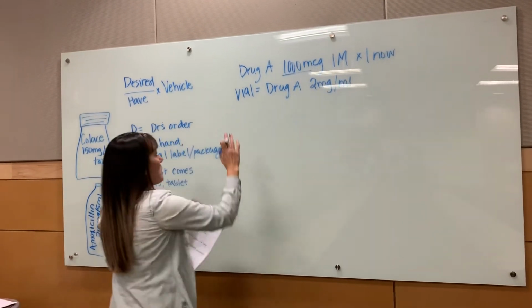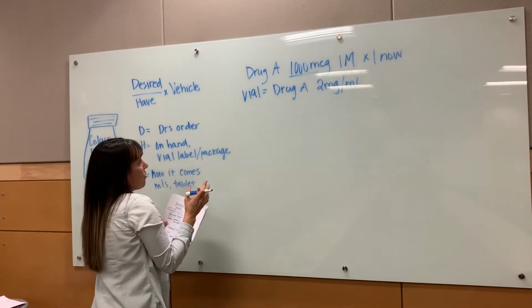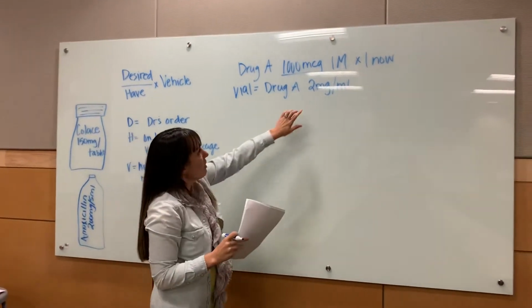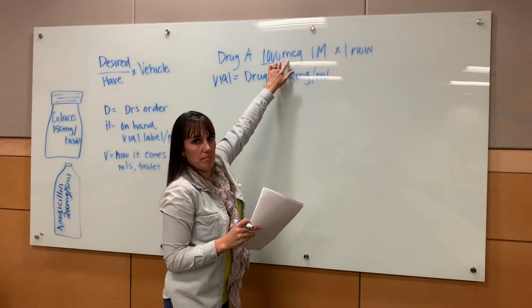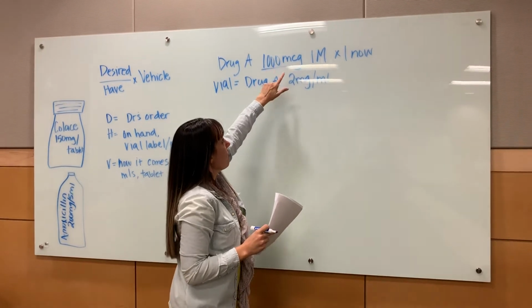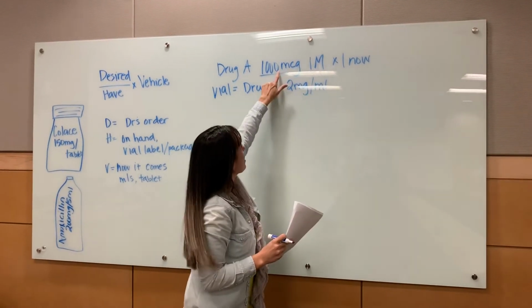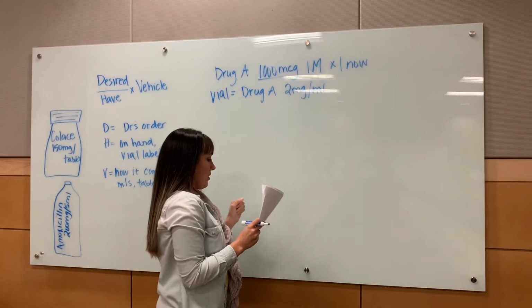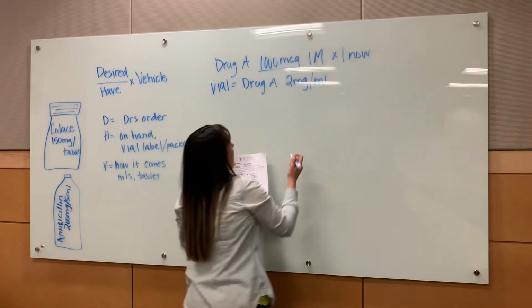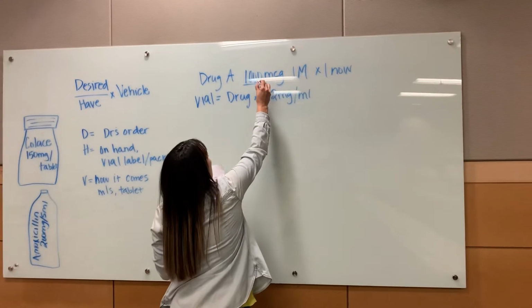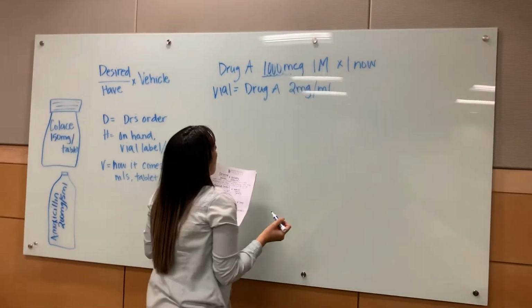Okay, so let's plug some things in. Now notice we have a milligram microgram issue here. So we want to try to change this to what's on the drug label. We want to change our micrograms to milligrams. And so we can easily move this over, 1, 2, 3.